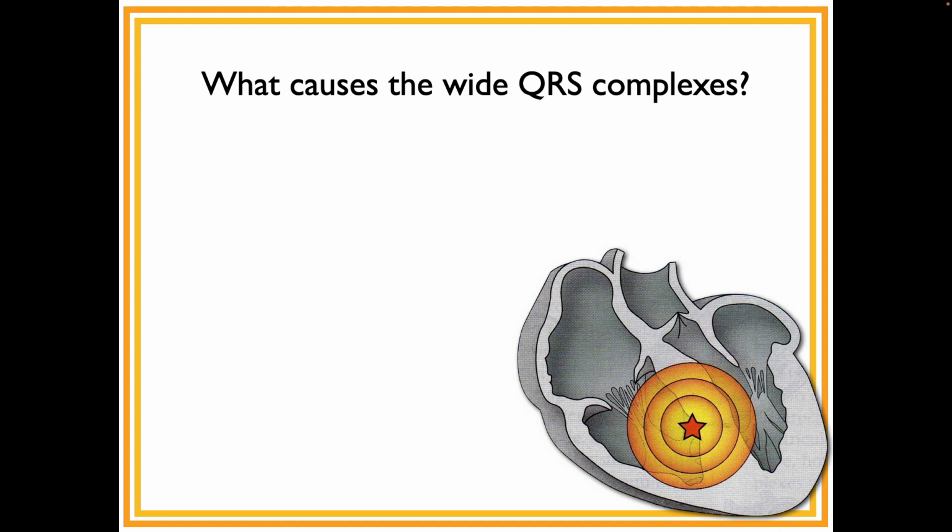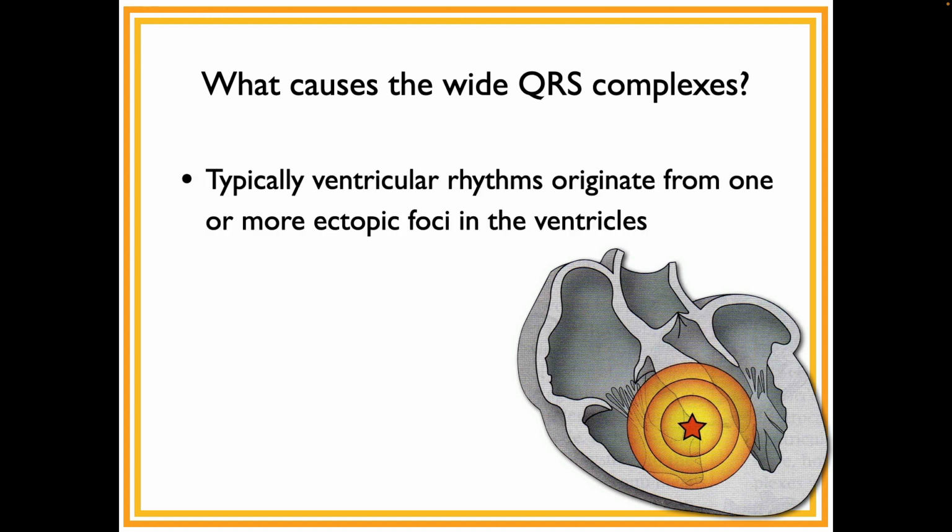And Koa, by wide QRS, what do we mean? Greater than 3 small boxes. Right, greater than 3 small boxes. The reason is because typically ventricular rhythms originate from one or more, important phrase, ectopic foci. What does ectopic mean? Like ectopic pregnancy. Yeah, or misplaced.